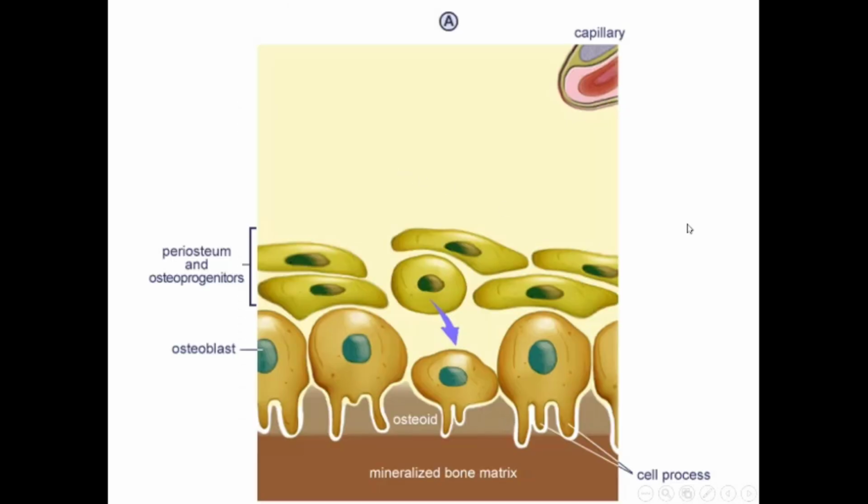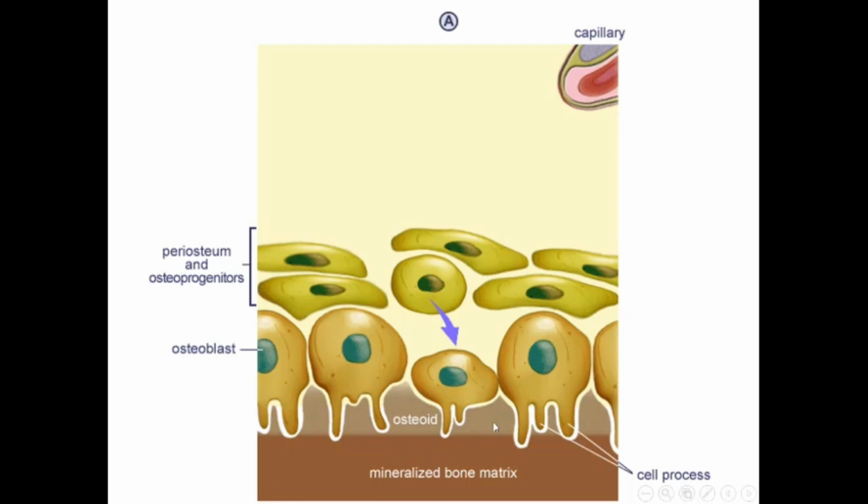In this slide you can see the fate of the cells. It shows us how the osteoprogenitor cell differentiates to the osteoblast and then to the osteocyte. For example, start from this cell, the osteoprogenitor cell, which differentiates and converts to the osteoblast.